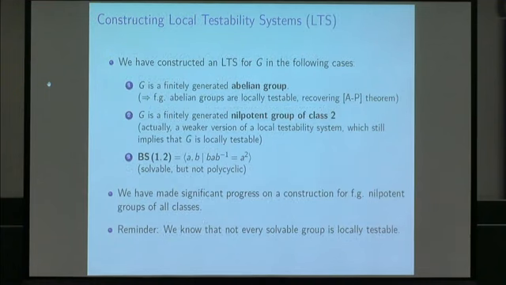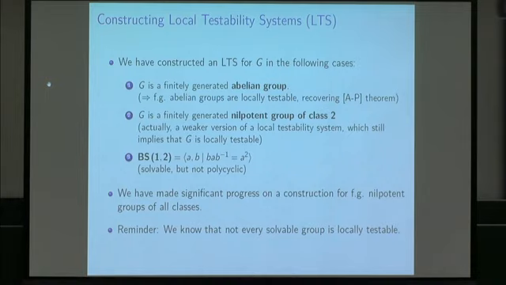Okay, so we have constructed those local testability systems in the following cases. First, for abelian groups. So this implies that the algorithm works for abelian groups. So the abelian groups are locally testable, and this recovers the theorem of Arzhantseva and Paunescu. Moreover, the reason that we define this is that we can generalize it to bigger classes of groups. So we can also build this for nilpotent groups of class 2, so classes 1 and 2.